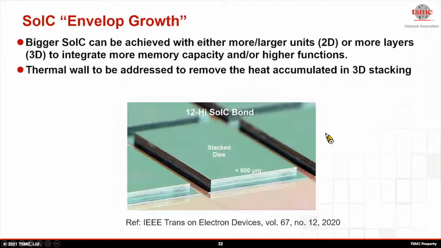Bigger SoIC can be integrated with either more or larger units in 2D direction or more layers in 3D, the third dimension, to integrate more memory capacity and more high functions. However, thermal wall has to be addressed to remove the heat accumulated in the 3D stacking.